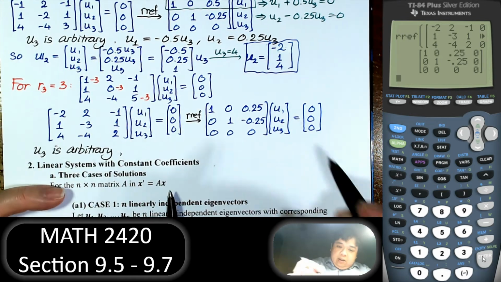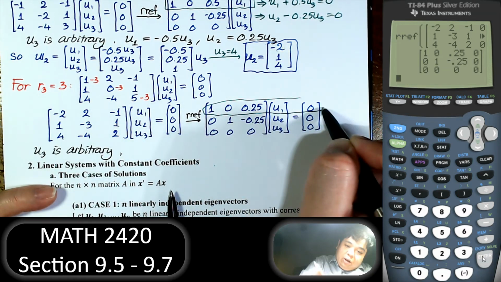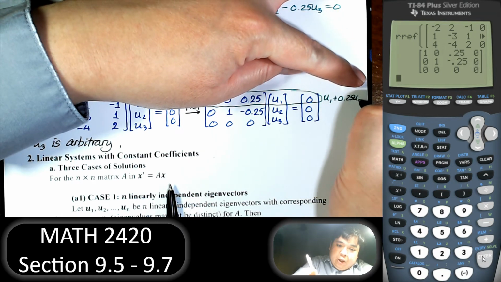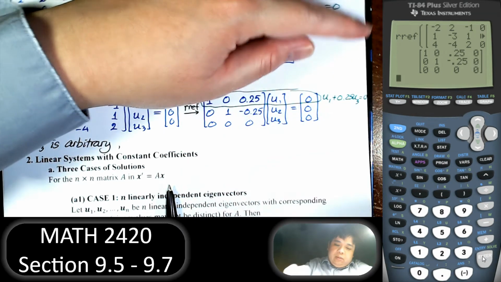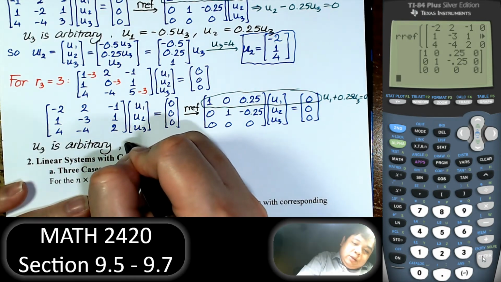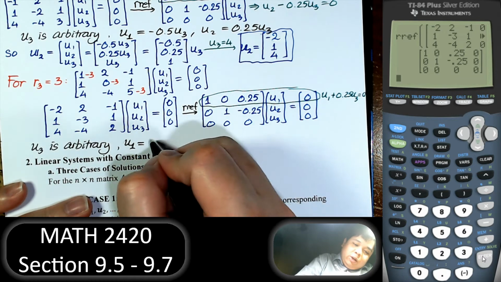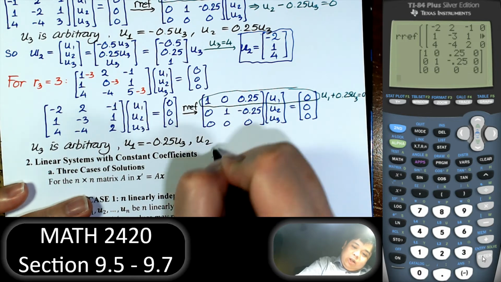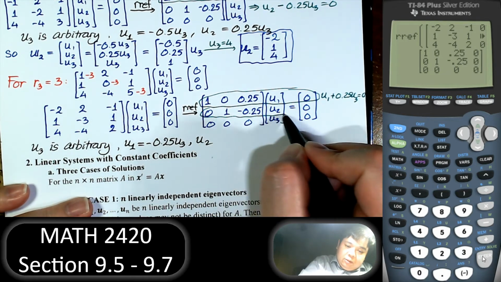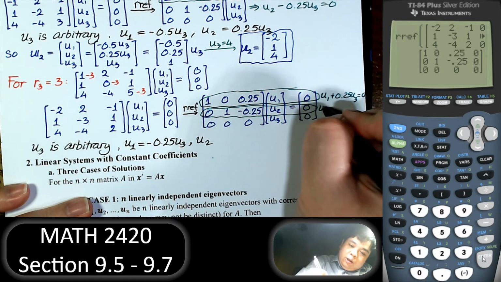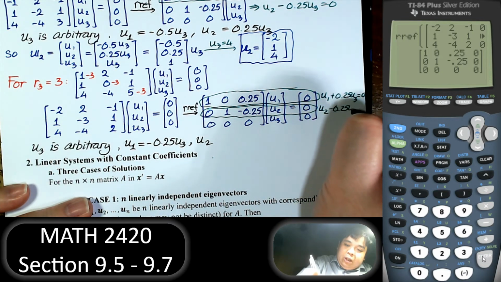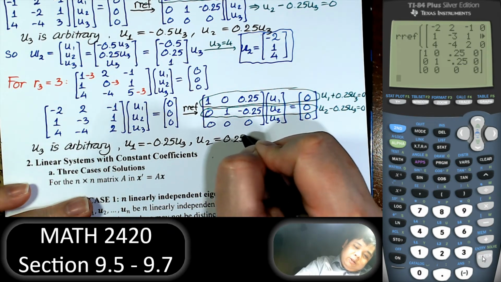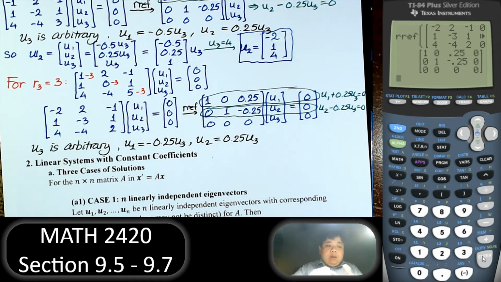And then from this equation we will have what? u1 plus 0.25 u3 equal to 0. So u1 is equal to -0.25 u3, and u2 minus 0.25 u3 is 0. So u2 is 0.25 u3. Now put them together.